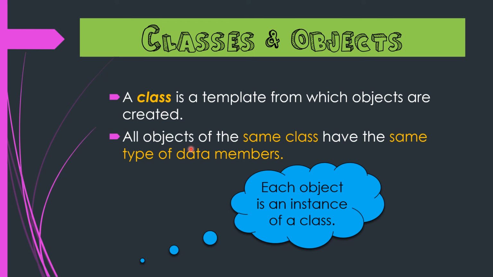Only the details of the data members were changed, but the type of the data members were same. That is why we can say that all objects of the same class have the same type of data members. This statement is true for all cases. Whenever we are going to talk about the same class object, then these objects will have the same types of data members.